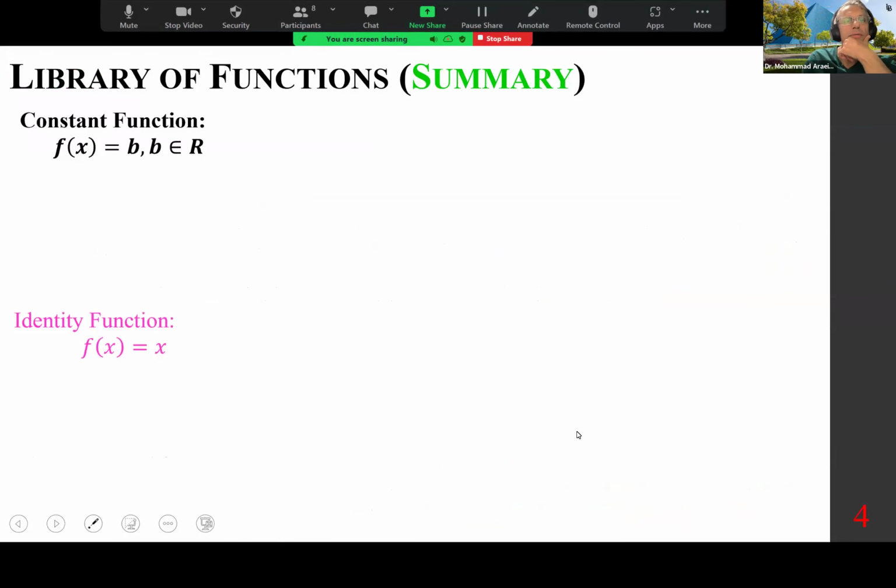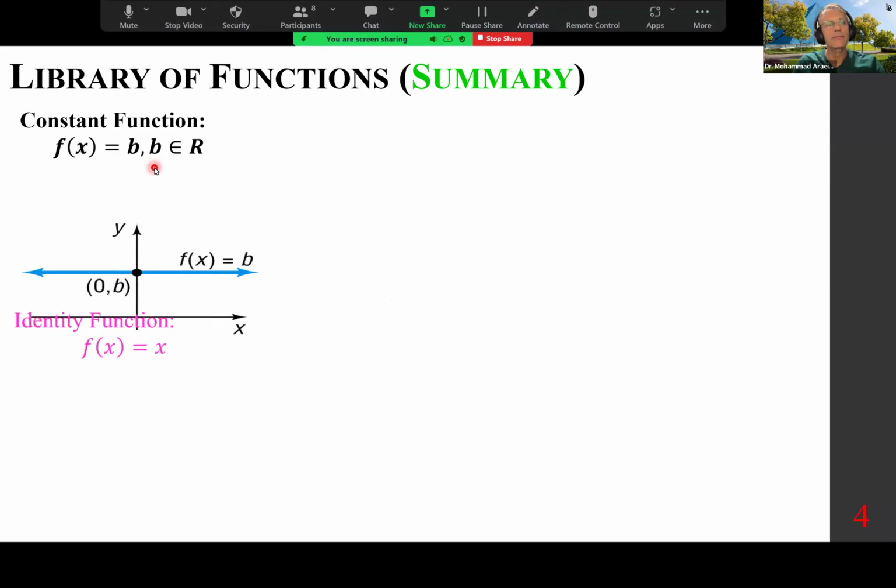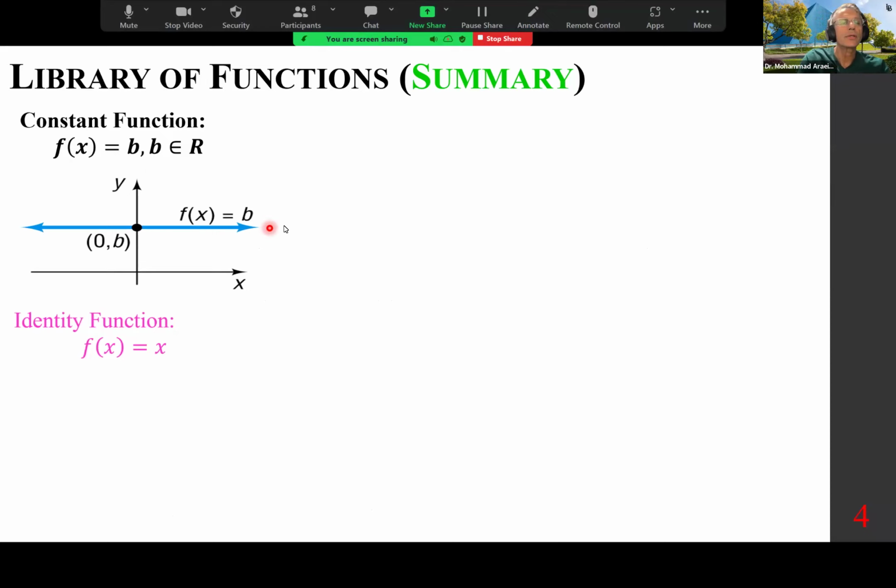Here's the library of functions. F of x equals b. That is a constant. It's a horizontal line with a y-intercept of (0, b), domain of negative infinity to positive infinity, and range is b.